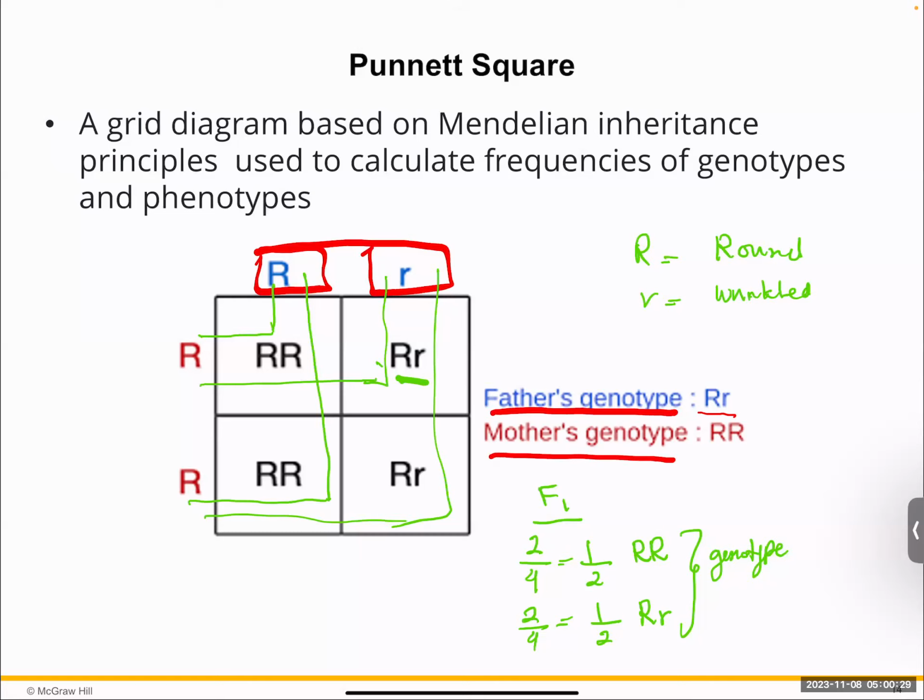Now, because the R is dominant and I only need one copy of it, 100% of the offspring would have a round phenotype, because it's either homozygous dominant or heterozygous dominant. So both of these genotypes produce the round phenotype.